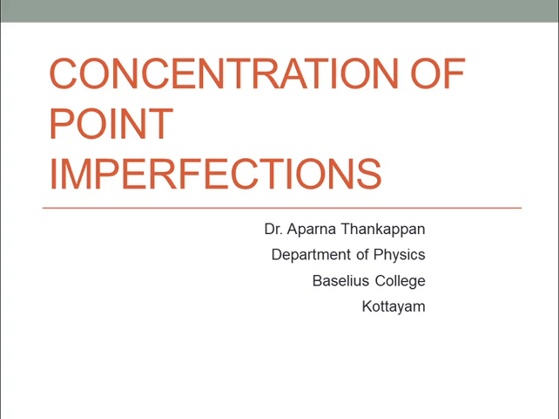In an ionic crystal, a vacancy on either a cation or anion site must be electrically neutral, that is, electrically balanced. This may be achieved if there is an equal number of cation and anion vacancies.